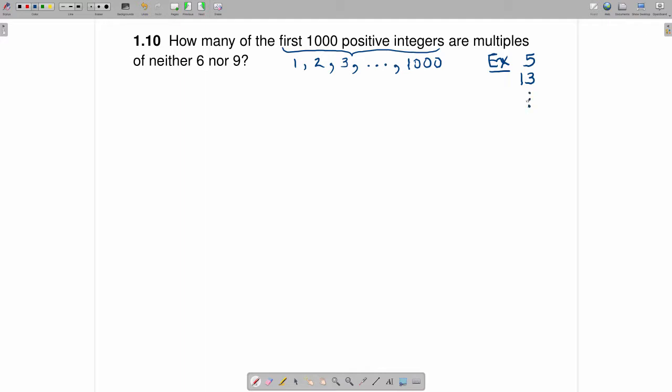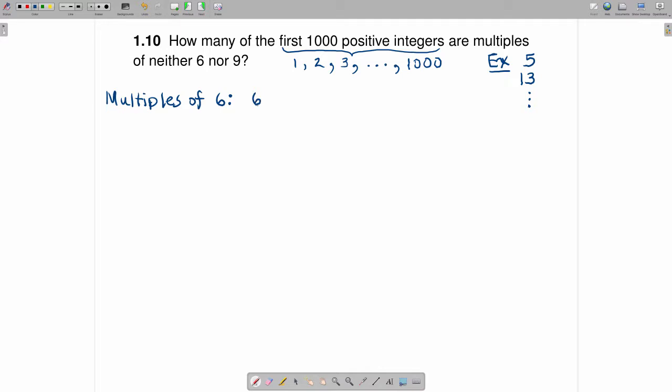Well, one way to solve this problem is to list them out, but that's just going to take too long. So there's got to be a better way. I'm going to start out here by listing out the multiples of 6 in the first 1,000 positive integers. So here they are.